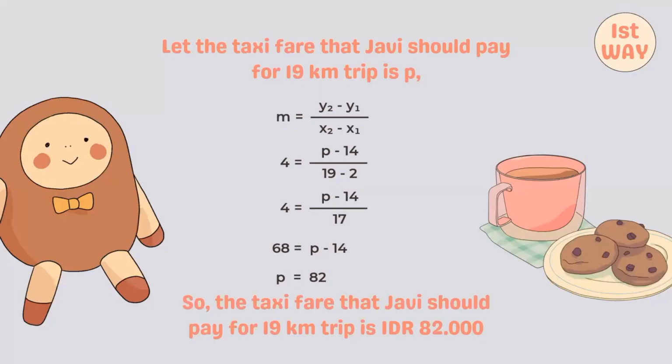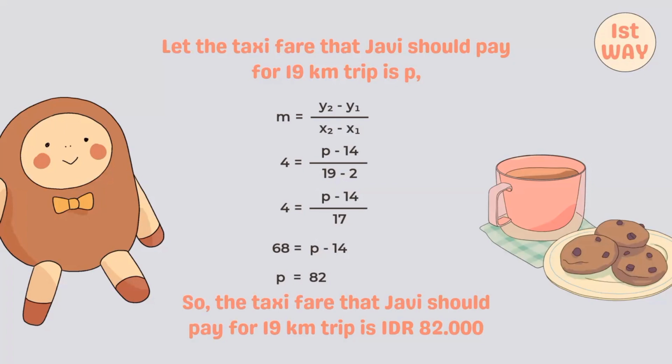Okay, next, let the taxi fare that Javi should pay for the 19-kilometer trip be P. And we can use the gradient formula again. Here, we have a new point that passes through the yellow line. It is point 19, P. Next, let's choose one more point to become the second point. As I said before, we can choose any given points.